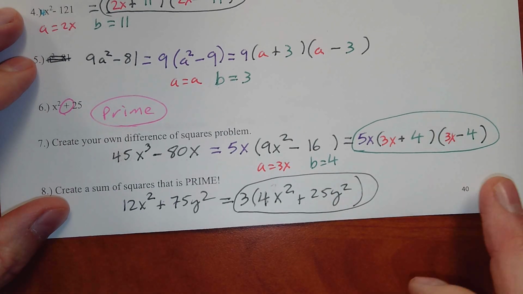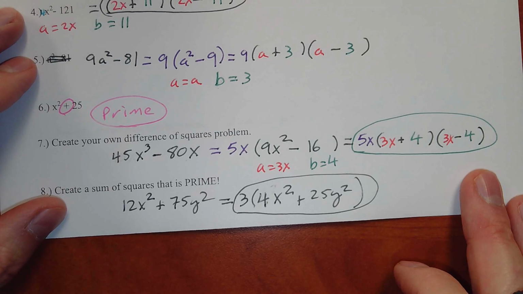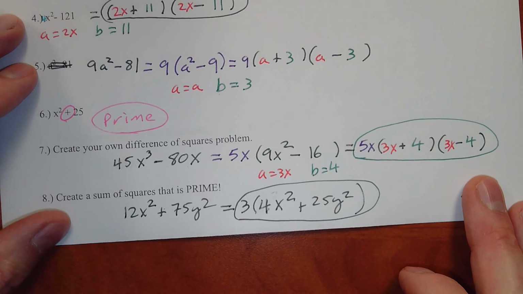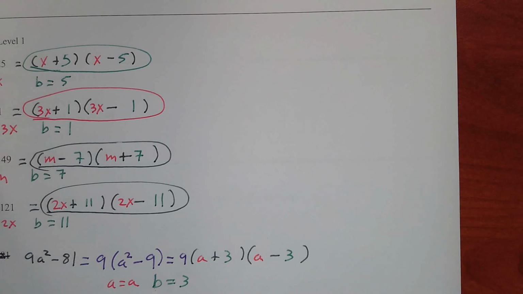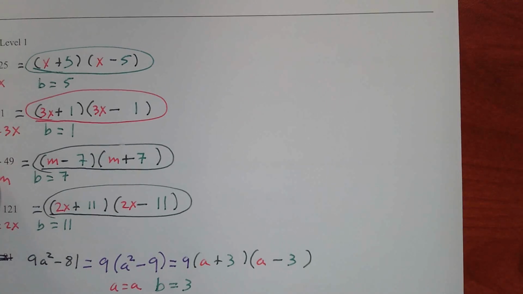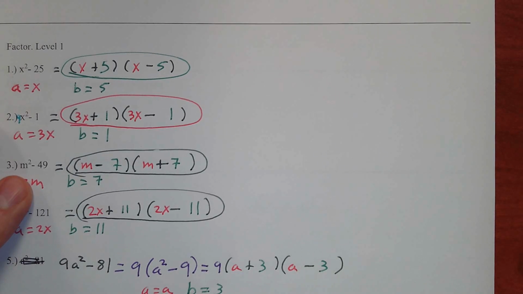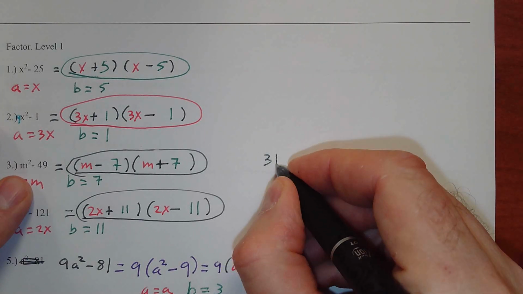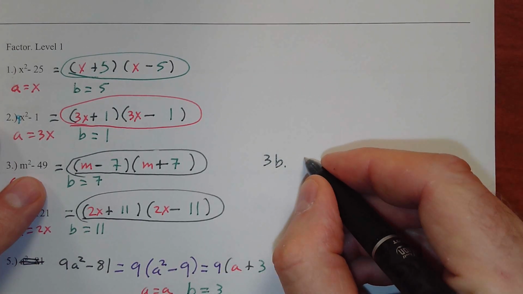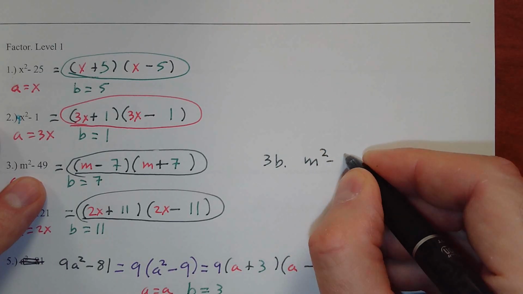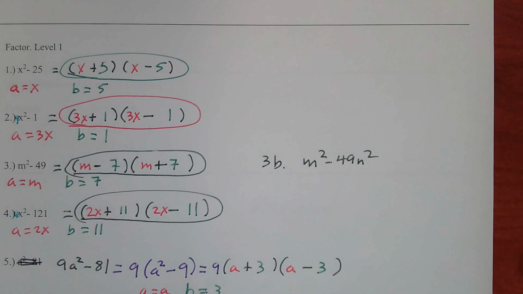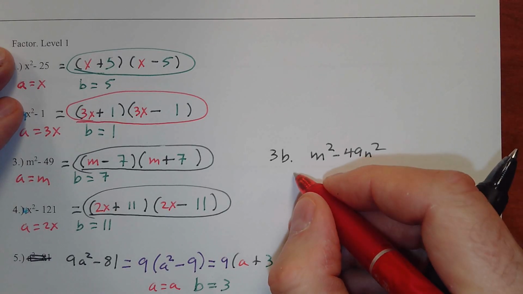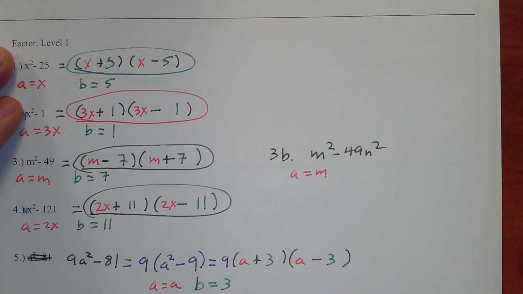Now, just a quick comment on these. And maybe we should go back to, I'll just do a different example. Let's say we went back to number 3, and let's pretend this problem had been, so I'll call this 3b, m squared minus 49n squared. You still do exactly the same thing. You'd still say a here is m.